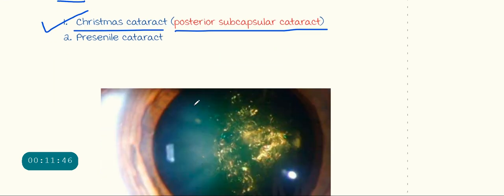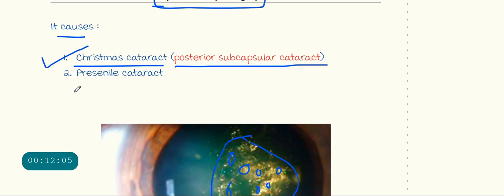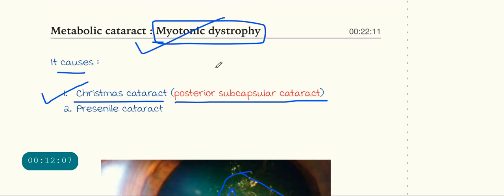Basically, the decoration of a Christmas tree, which is irregular, it appears like that. This is the image for it. Another type of cataract caused by myotonic dystrophy is presenile cataract again.